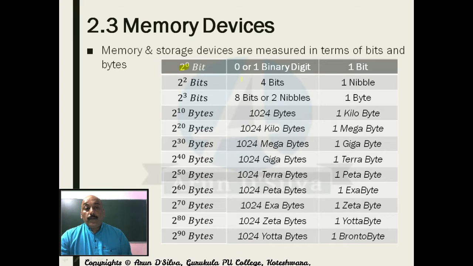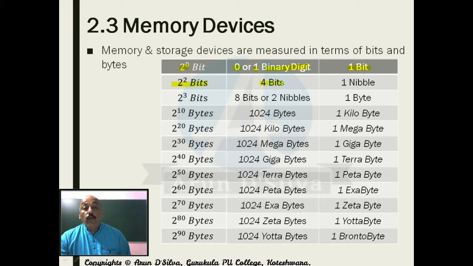Students, 2 to the power 0 equals how much? It's 1. So 1 is the answer, that's a bit, either 0 or 1. This is a binary digit, so we call it 1 bit. Got it? Now 2 to the power 2, how much comes? 2 to the power 2 equals 4 bits.